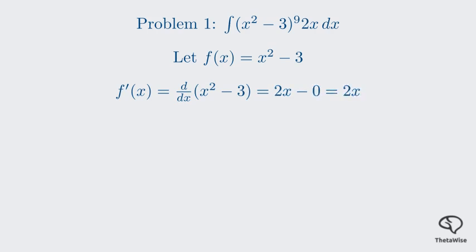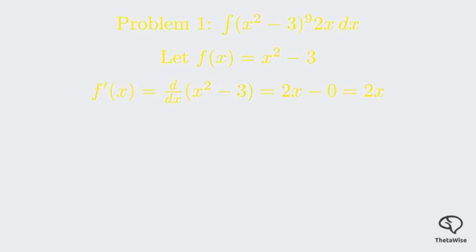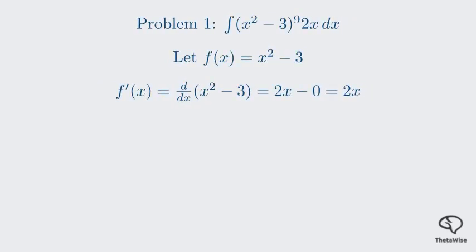Let's check if our derivative f prime of x is present in the integral. As you can see, 2x is exactly the other part of the integrand. So, we have successfully identified the pattern. We have f of x equals x squared minus 3, n equals 9, and f prime of x equals 2x. We can now apply our standard formula.